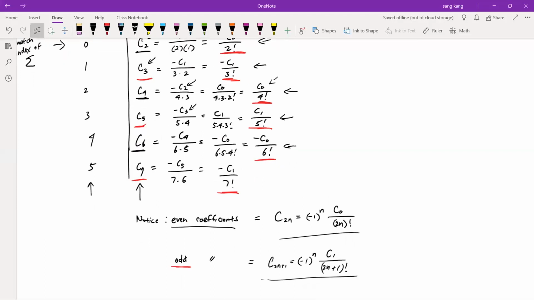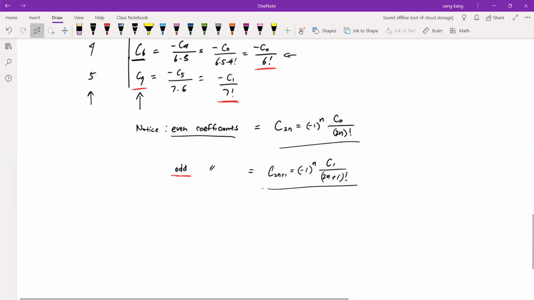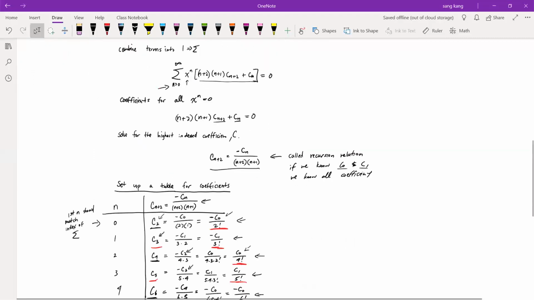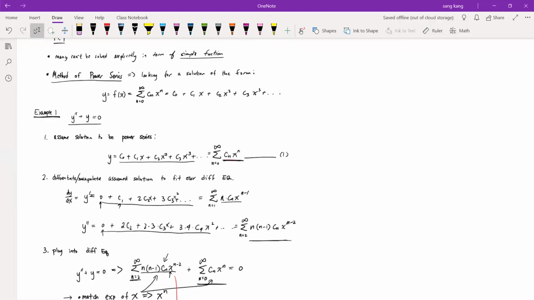Now what we can do is plug what we found into equation 1 way above, which was our assumed solution. Right, equation 1 was this way back here, this guy here, which is essentially your assumed solution for all of these, right? It's going to be the same, because we're assuming our solution to our differential equation to be the generic form of the power series, right?